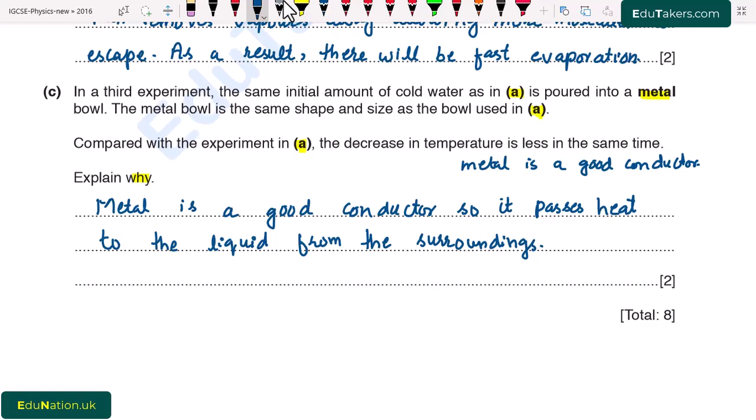Causes its temperature to rise. As a result, the decrease in temperature is less as compared to part A.